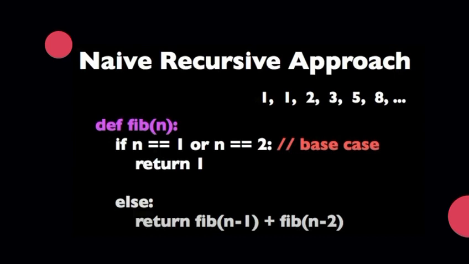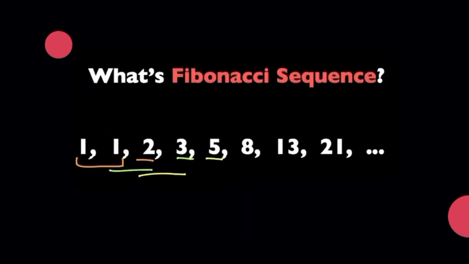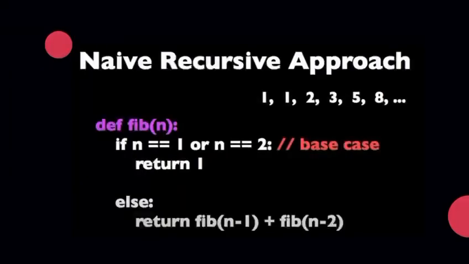The most naive approach we can think of to solve this problem is a recursive one. So in this code, I'm defining my function here as fib. And if n is equal to 1 or 2, we just return 1, which is the base case.